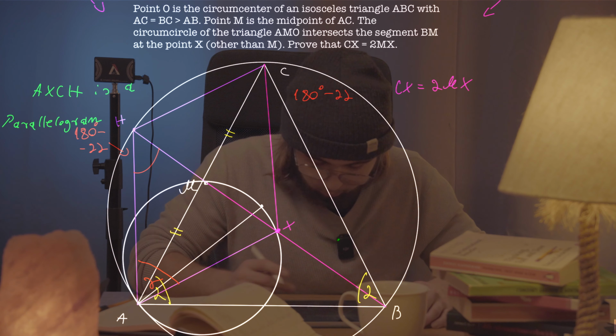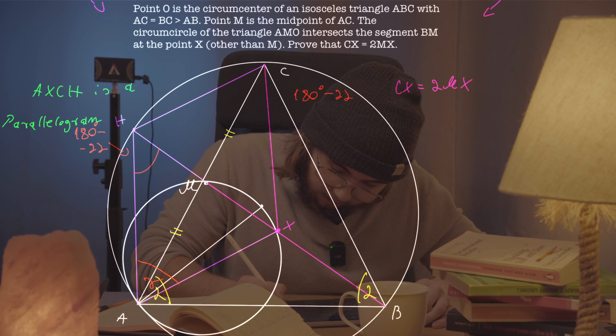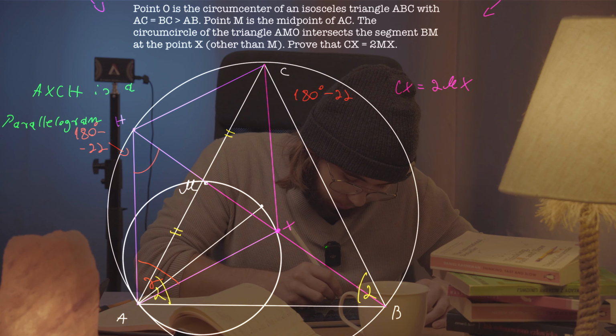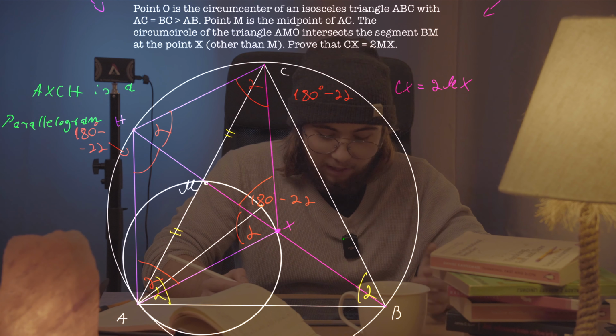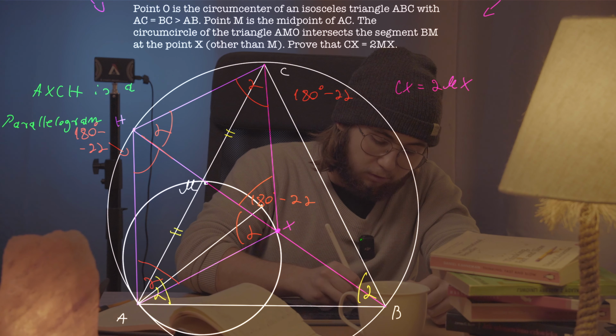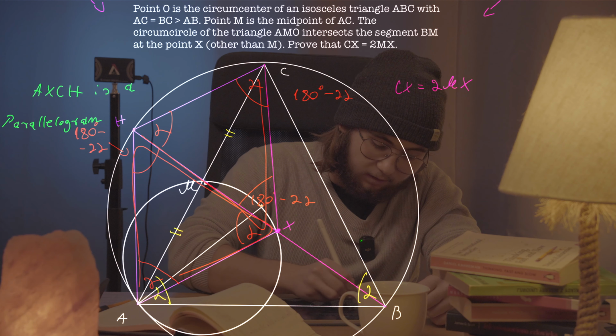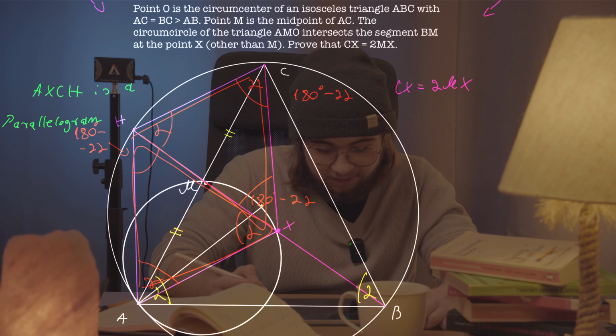Okay, so we have that this is 180 minus double alpha, this is also 180 minus double alpha, this is an alpha, this is an alpha, this is an alpha. And so we've actually finally got that those two triangles here and here are isosceles, and this entire quadrilateral AXCH is going to be a parallelogram.